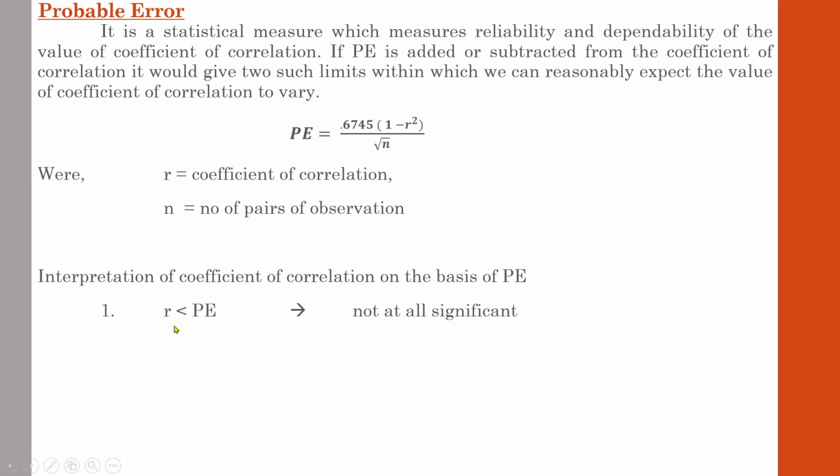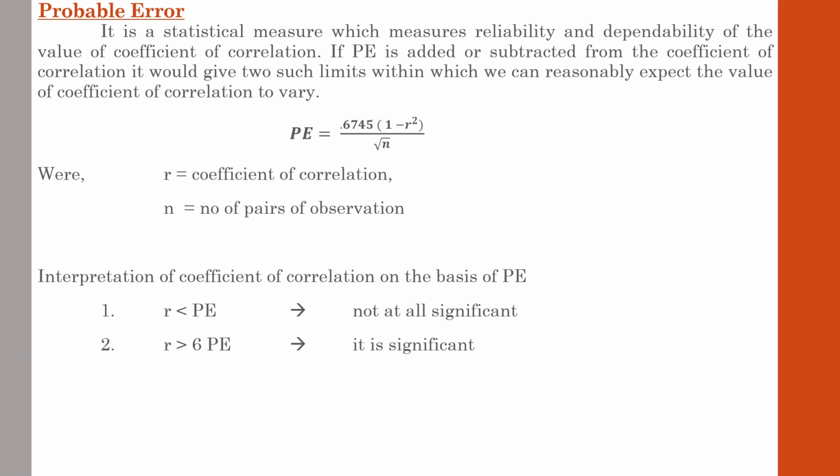If the value of R is less than probable error, or in other words, if the coefficient of correlation is less than its probable error, we can say that the value you have got is not at all significant, because it is against the properties of correlation and probable error.